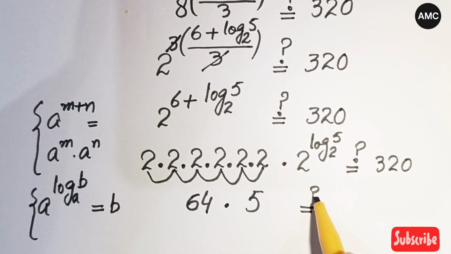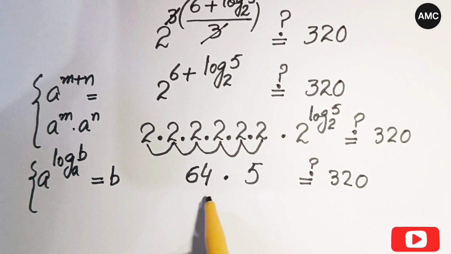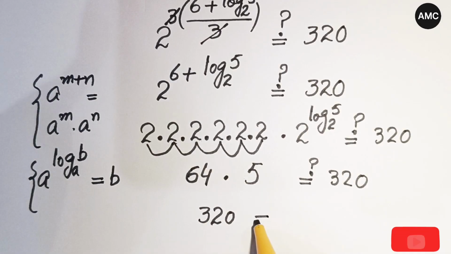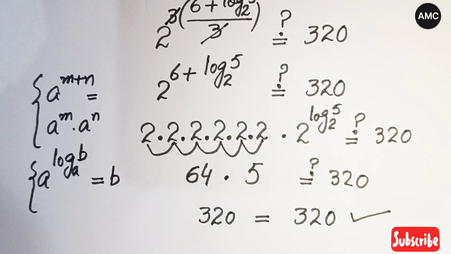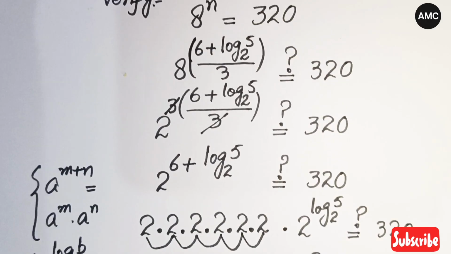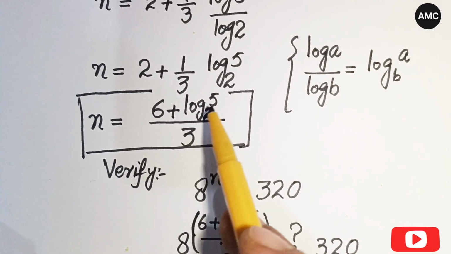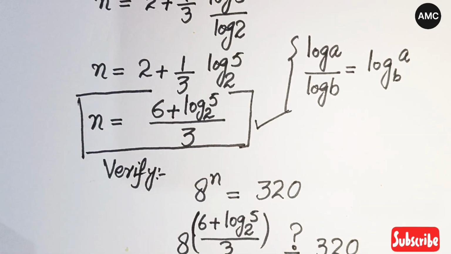Now 5 times 64 is 320. So our left hand side is equal to the right hand side. So the value of n is valid, 6 plus log 5 to base 2 all over 3. It is our final answer.